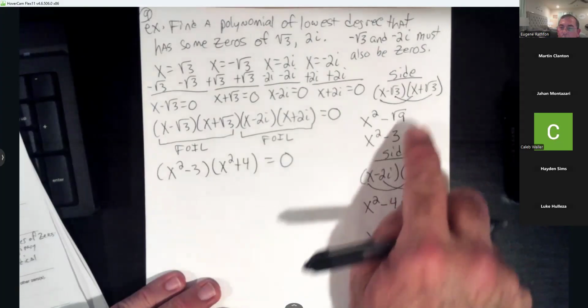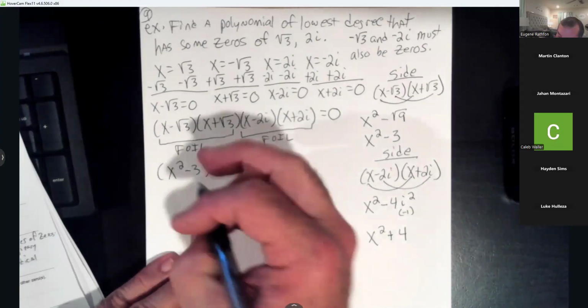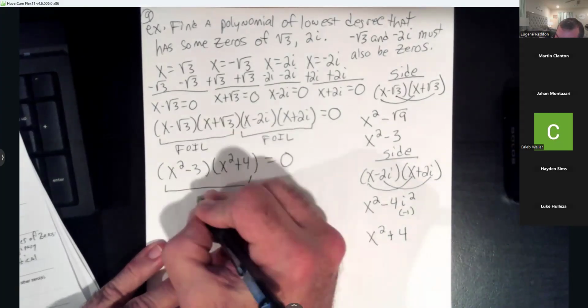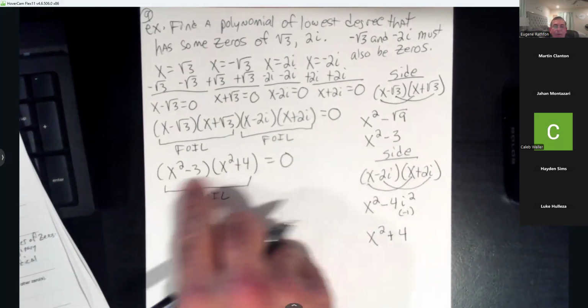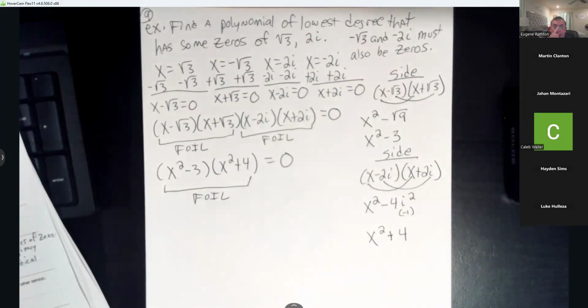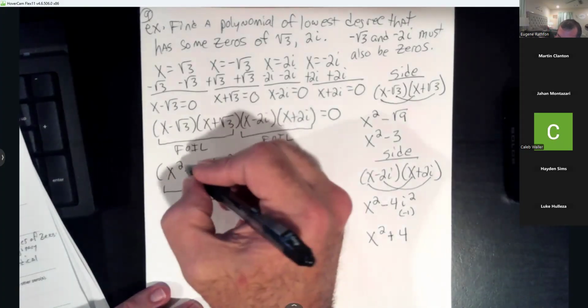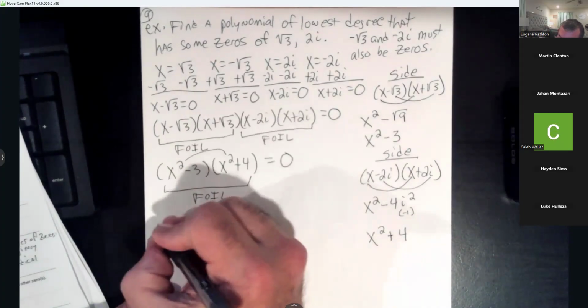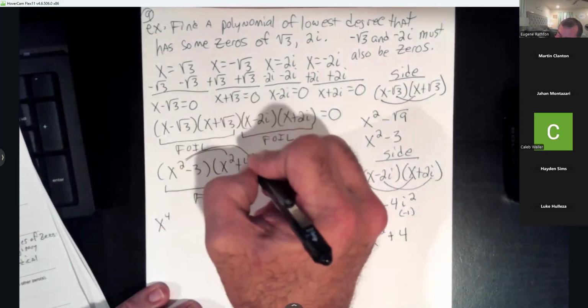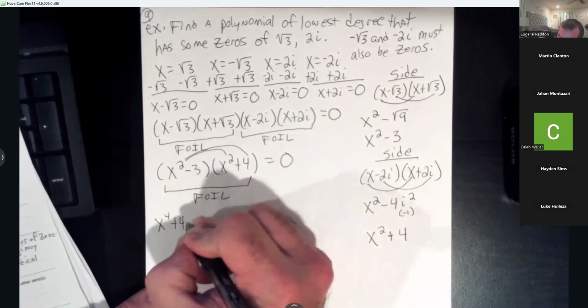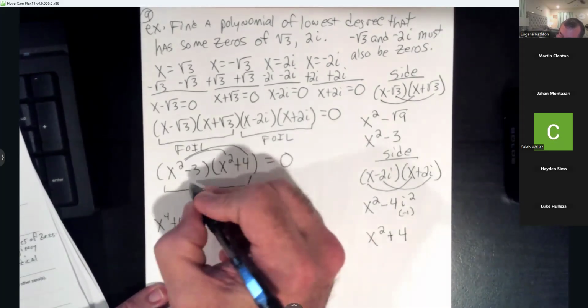So I had to FOIL once, twice. Now I've got to FOIL these two together. But I'm happy I don't have any radicals or any imaginary left, okay? All right, so here we go. x squared times x squared is x to the 4th. x squared times 4 is 4x squared.